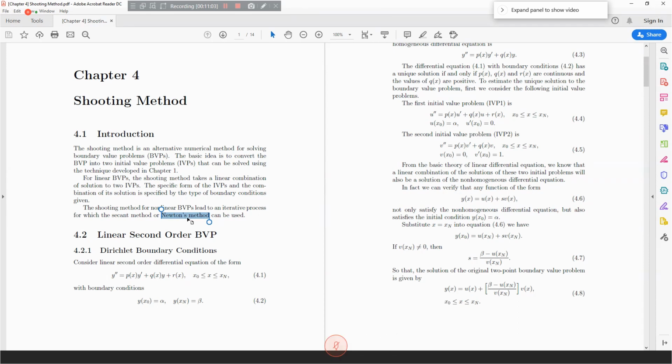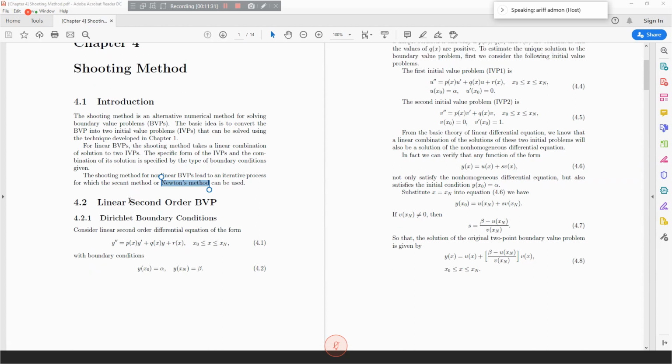In chapter 2, basically you are solving f(y) equal to 0. But here there is an algorithm that uses the same method name, Newton, but it is different from your previous chapter 2.